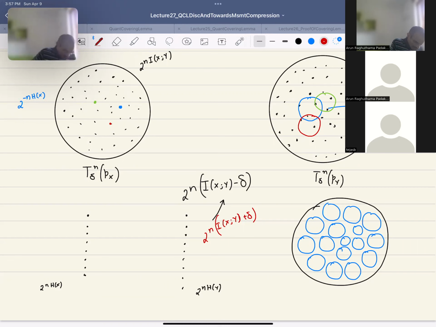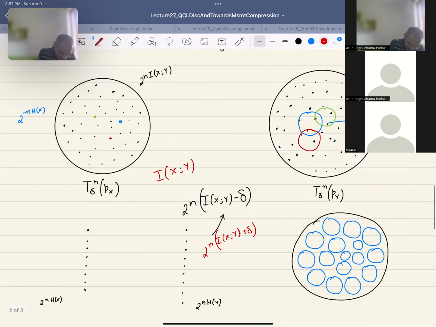So the moment you go above this I of x colon y, you see a sharp transition. The point is the following: if you are operating in this regime, there is memory in the system, in the sense that you can look at yn and tell which xn it is.